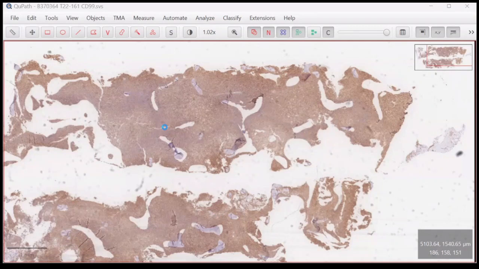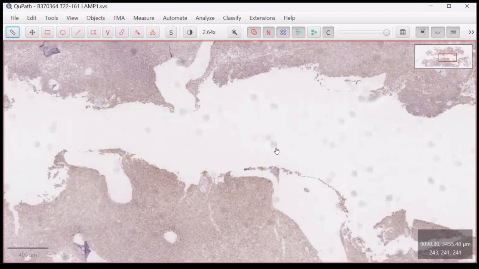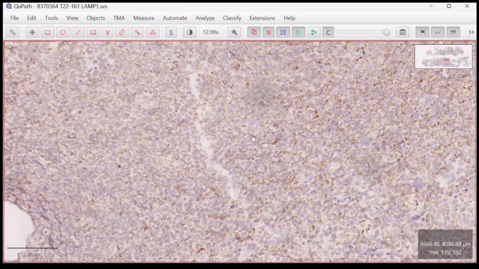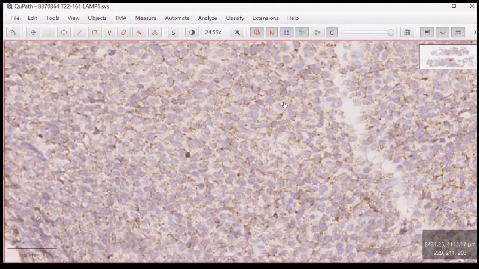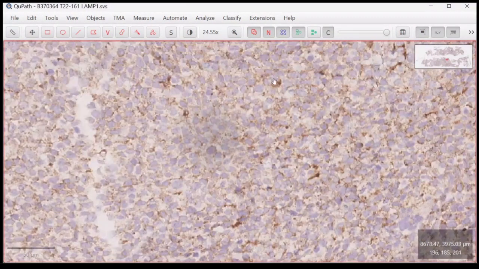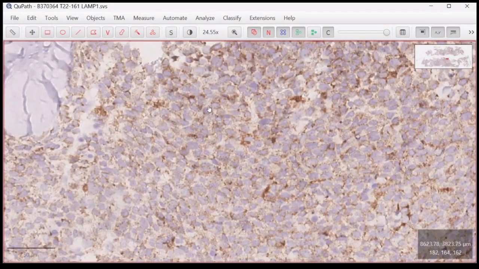Okay, this is lysozyme. If you notice, the lysozyme staining pattern is quite similar to CD68. They have cytoplasmic granular staining on the cytoplasmic membrane.